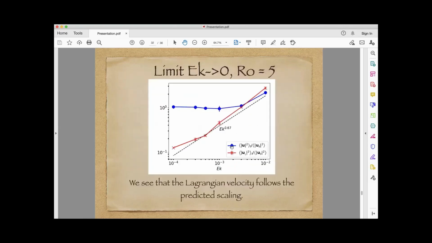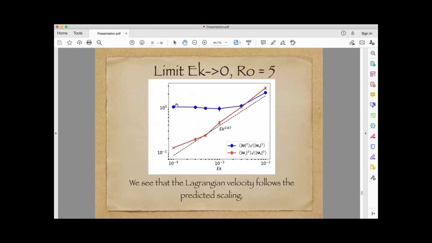And what we find is that in the limit of low Ekman, we keep the Rossby number fixed. Here I show the Eulerian component. This is UM, sorry, I didn't write the subscript M here. So this is the Eulerian energy and this is the Lagrangian energy.